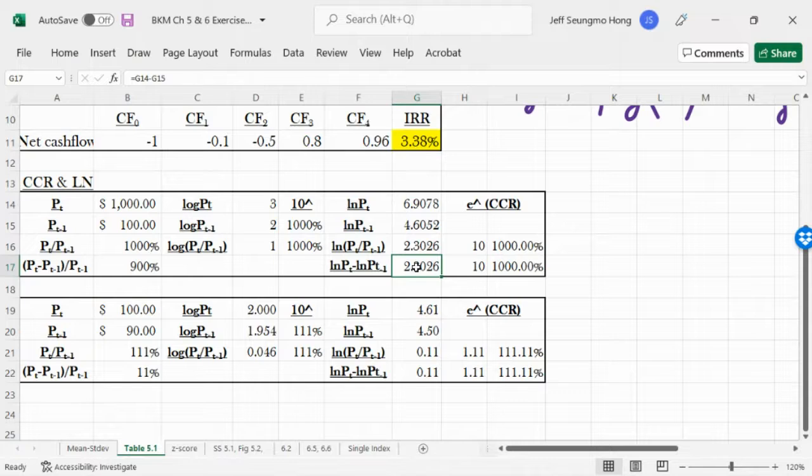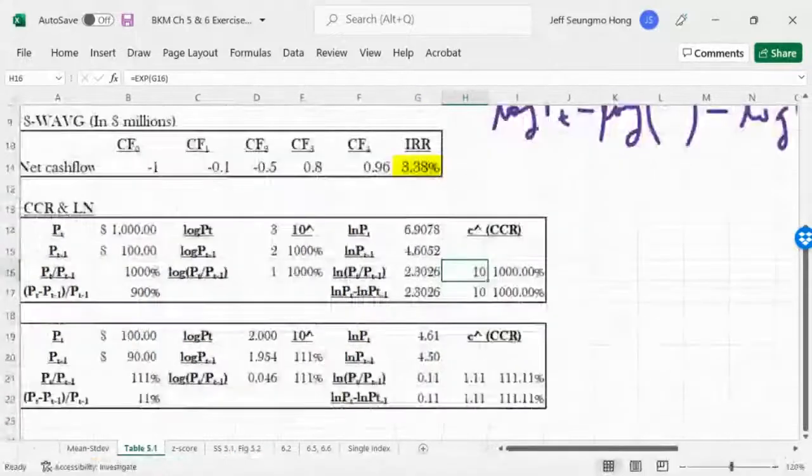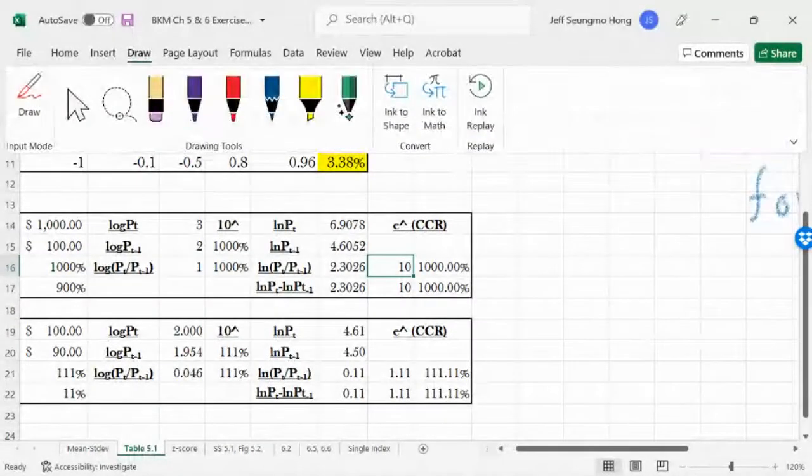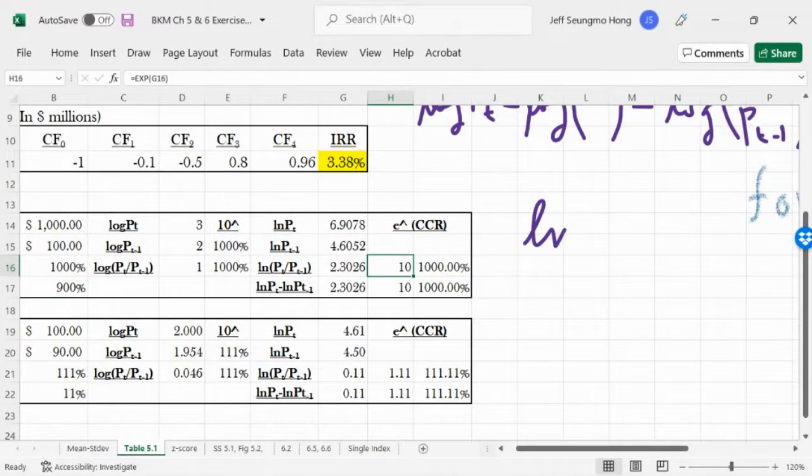And if you return it back to the original number, which is 100, remember, natural log of e is 1, where e is 2.718218, something like that.